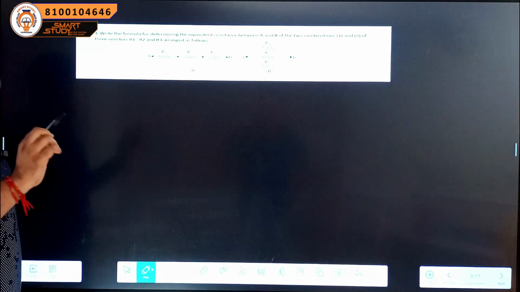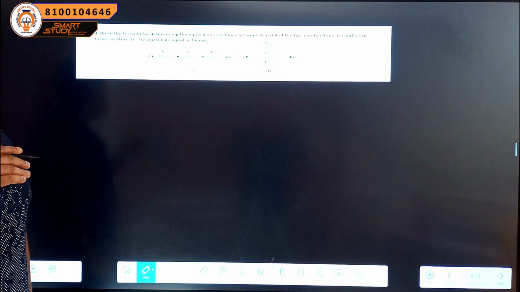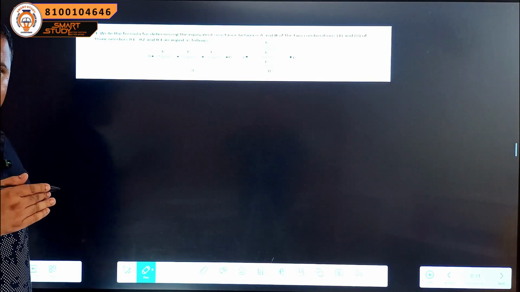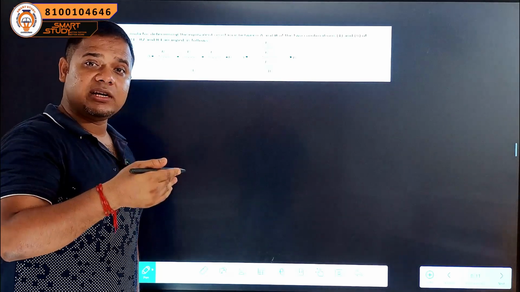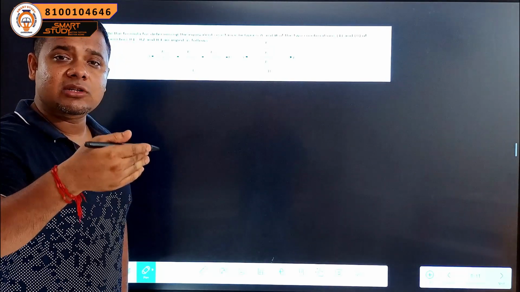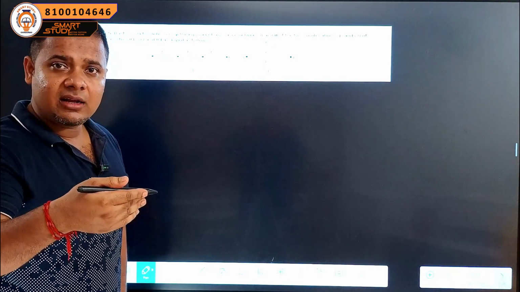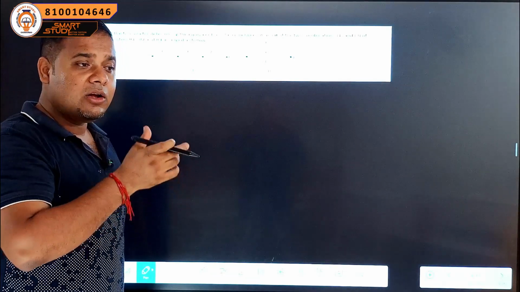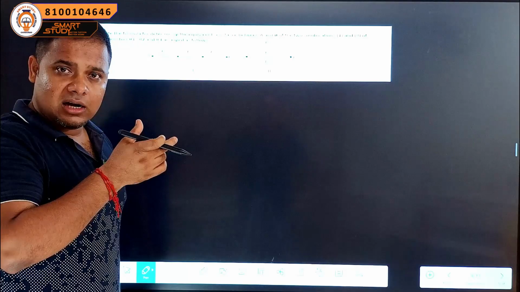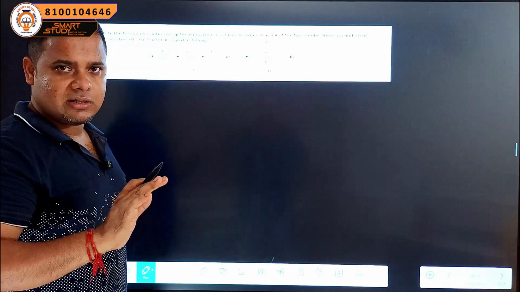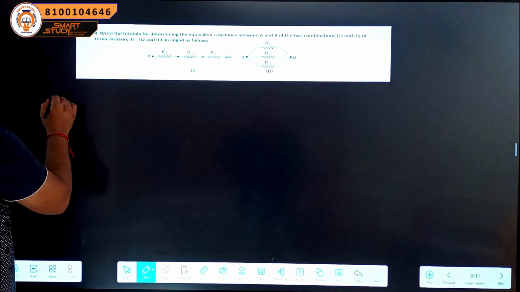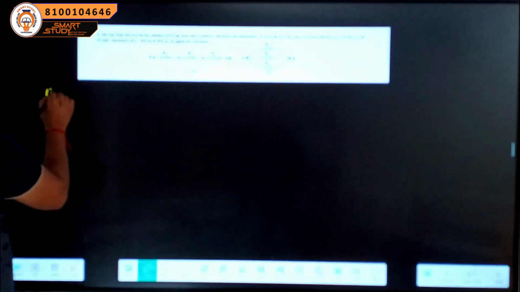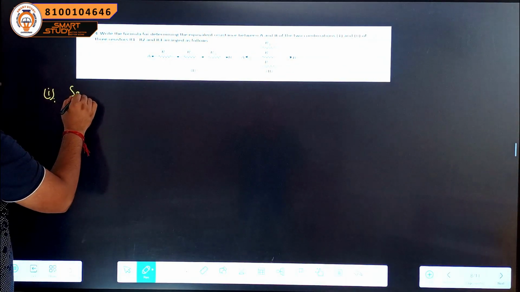To derive the equation, first of all, you should know in which connection current changes and voltage remains constant, and in which connection voltage changes and current is constant. So first of all, you should know the concept of series connection.